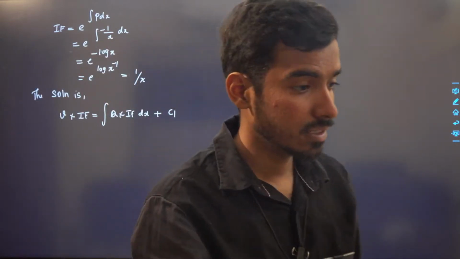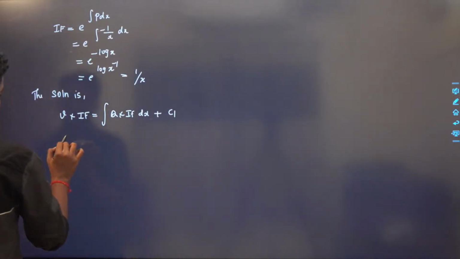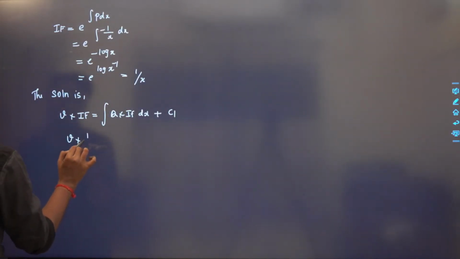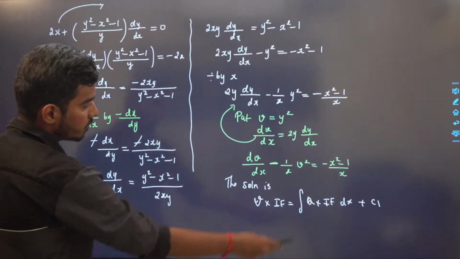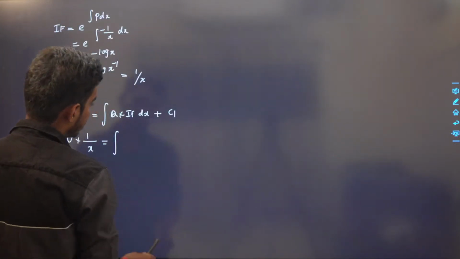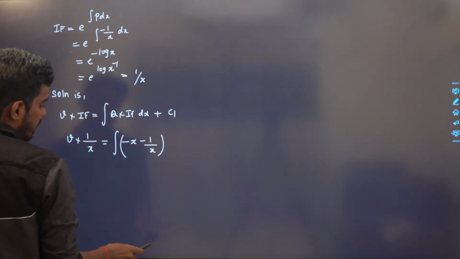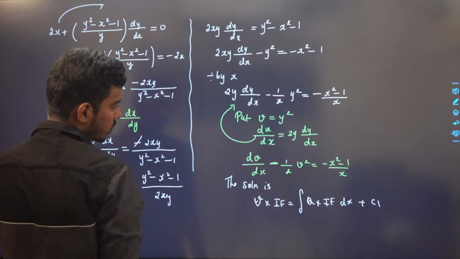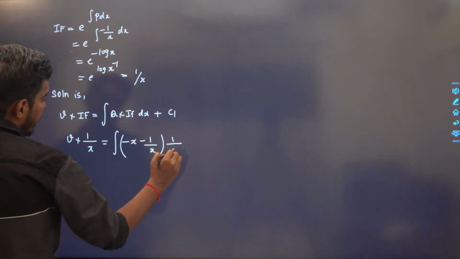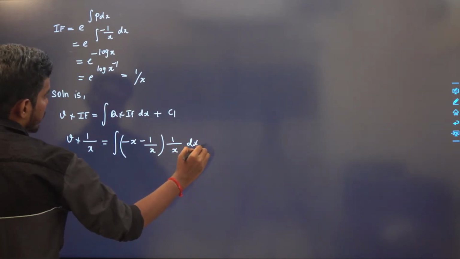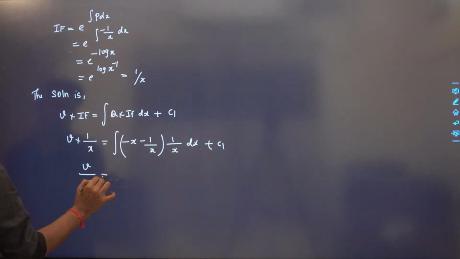Now, v into integrating factor is v by x equals integration of q, where q is minus x minus 1 by x, right? If I divide individually by x, minus x minus 1 by x, the integrating factor is 1 by x, plus some constant c1. So this is v by x.